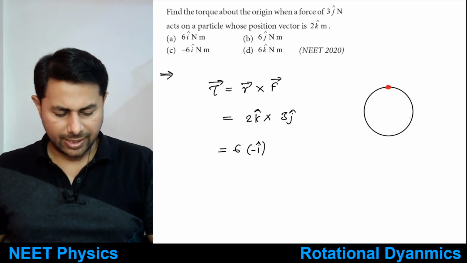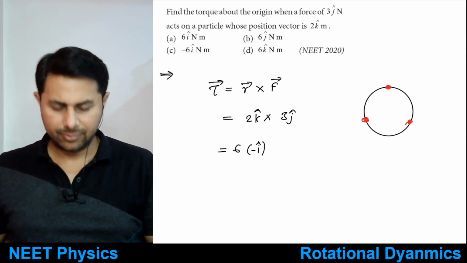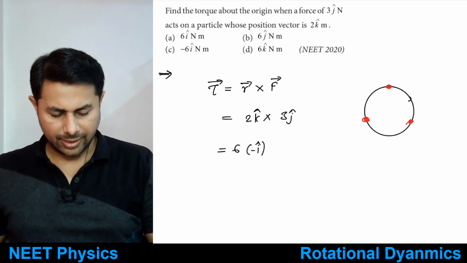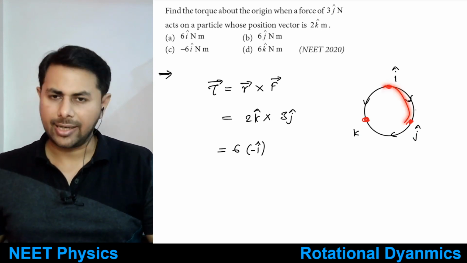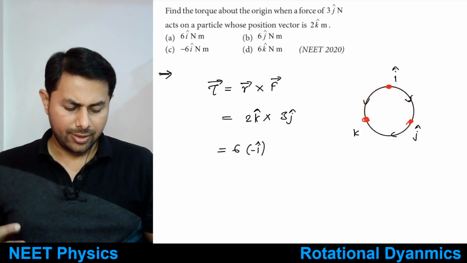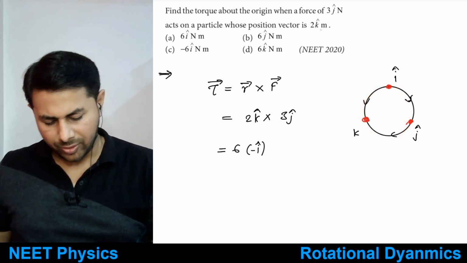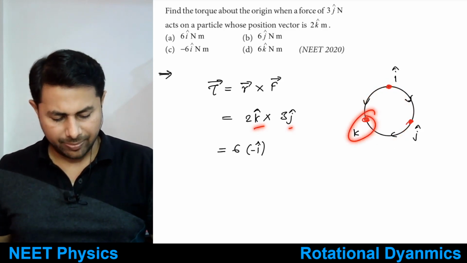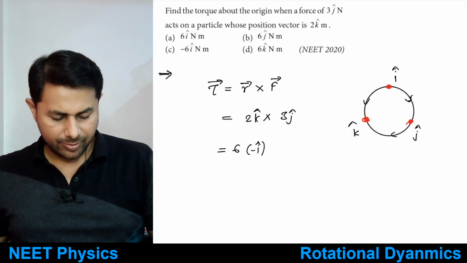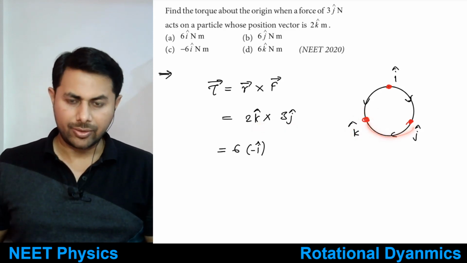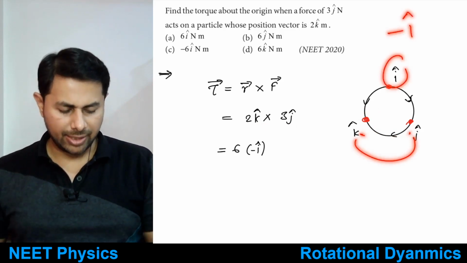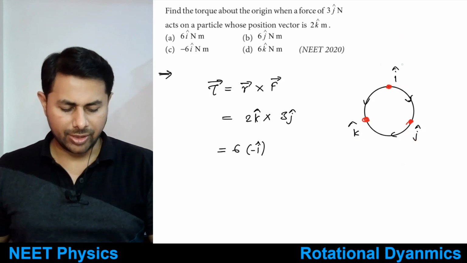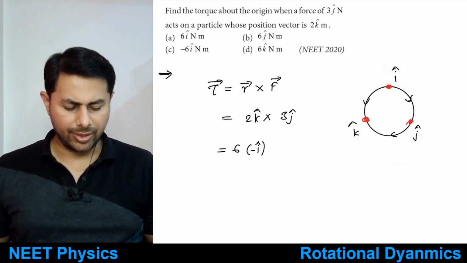So we put this I, J, K, and this is I cap, J cap, K cap, and then we put the arrows from I to J, J to K, K to I. Then if I want to find out K cap cross J cap, I am going in opposite direction of arrow. So K cap cross J cap is minus I cap. If I go in the same direction of arrow, then J cap cross K cap would give me I cap.